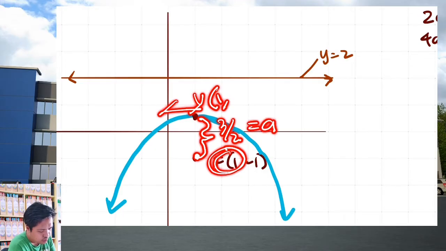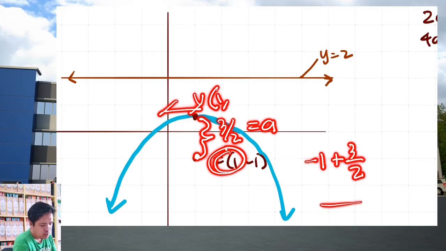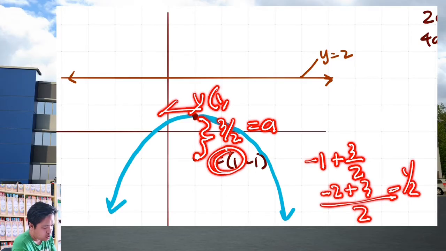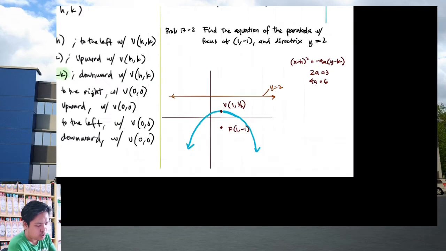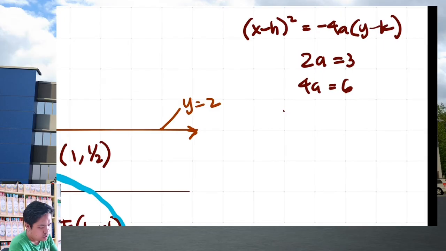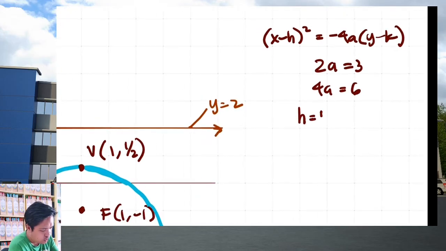So that would be negative 1. Then let's move upward by 3 halves. So that would be 1 half. So the location of the vertex is 1 half. So yun. So the vertex is located at (1, 1/2). So that means our h is 1 and our k is 1 half.